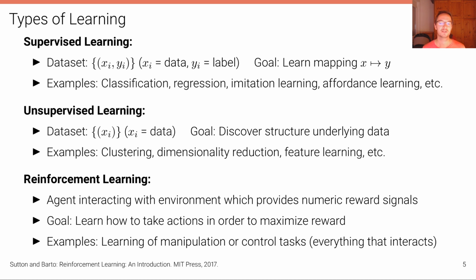And the environment provides numeric reward signals to the agent. And the goal is that the agent should learn how to take actions in order to maximize the reward that's provided by the environment. Examples of this are learning manipulation tasks, with robot arms learning to grasp objects, for example, or control tasks, as we're going to see today.